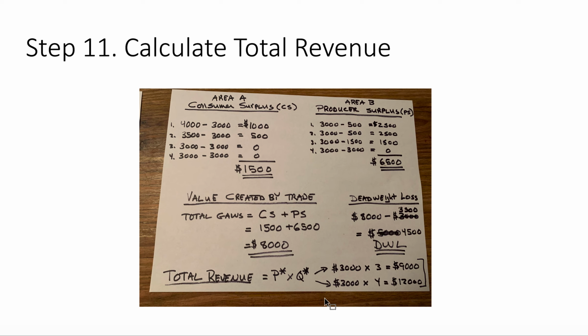So in some ways, in this case, the way I've drawn it, total revenue exaggerates the value created by trade. If we were going to use a rough proxy, because we can measure P and Q, it's going to overestimate our 8,000 by quite a bit, relatively speaking.